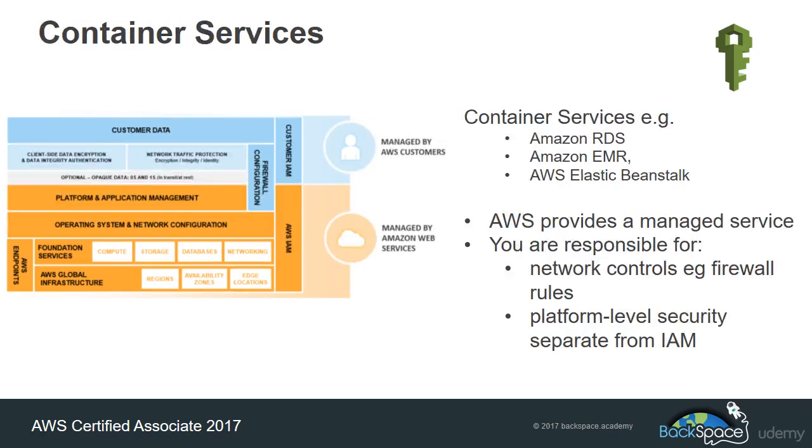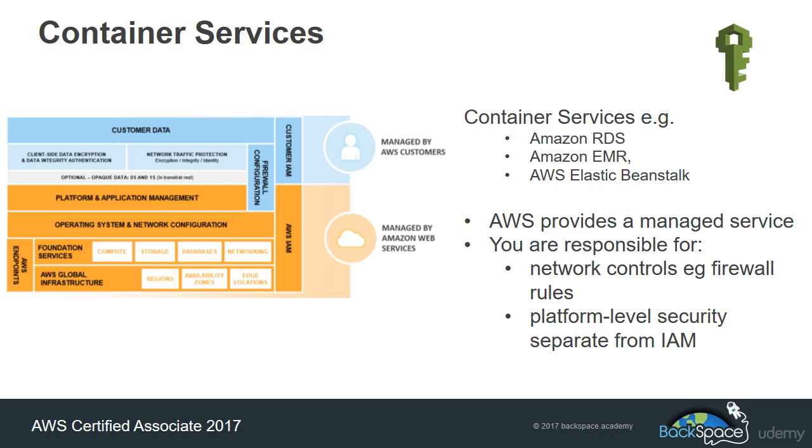When we look at container services, a container service is one where we don't actually control what goes on from the very low level. It's not like an EC2 instance, where we're defining the AMI, the image, and launching it from a very low level. Take Amazon RDS, for example.